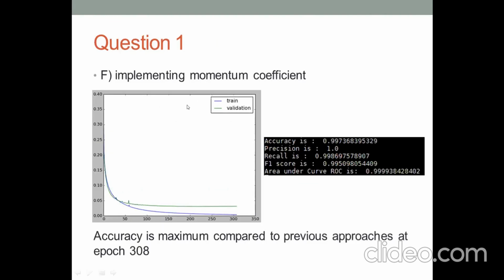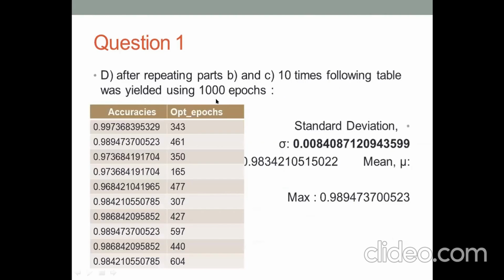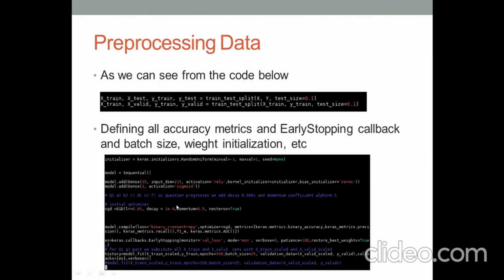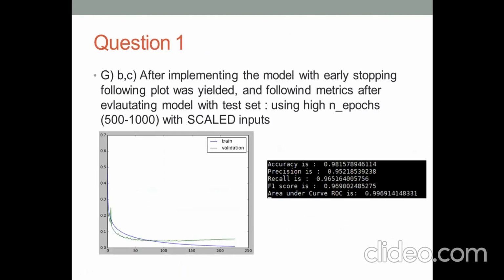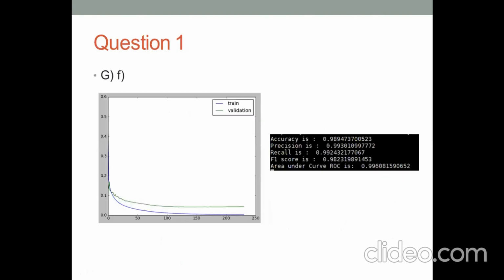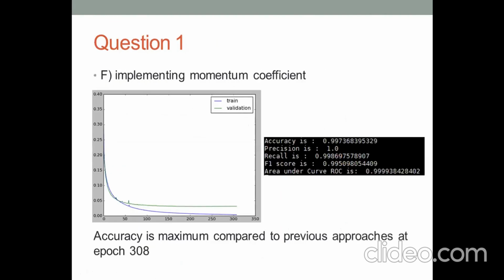Okay. What about the next one? So question F, in here we were asked again to implement the momentum coefficient. I am just coming here and uncommenting this for the momentum, and I got even better results. We can see here, it's even lower than 0.05.